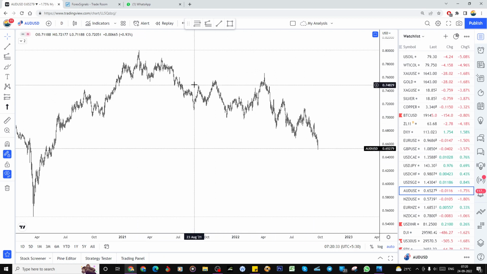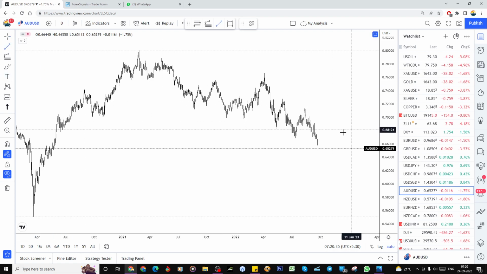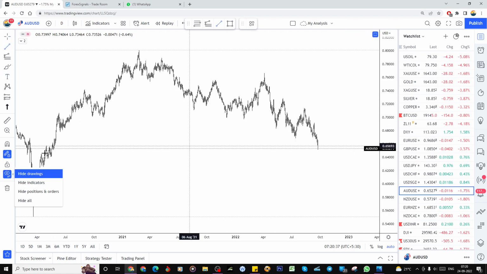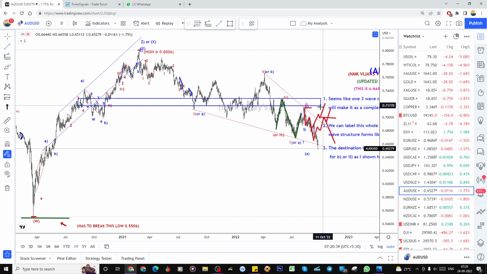So there are a lot of options, but this kind of correction I'm expecting, and expecting this correction, I'm waiting to sell this trade, not to buy. So if it reaches this zone, I will again sell for the target below this 5.5. That is the only thing.